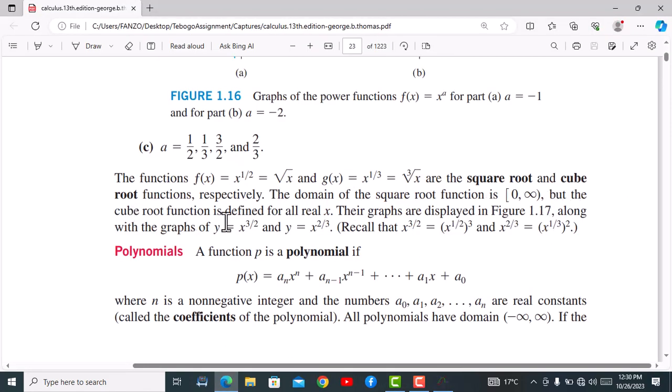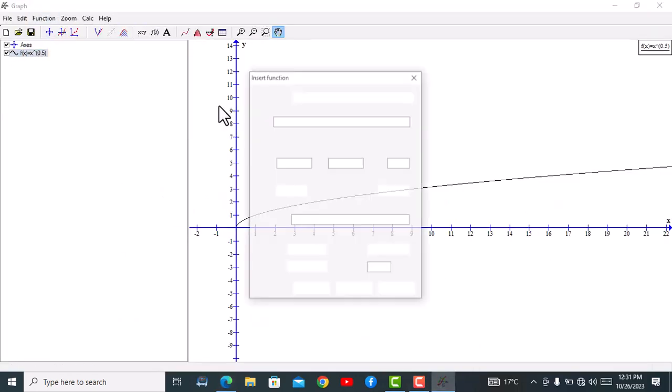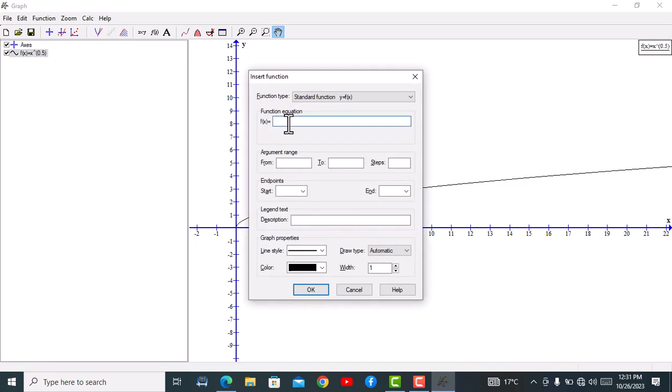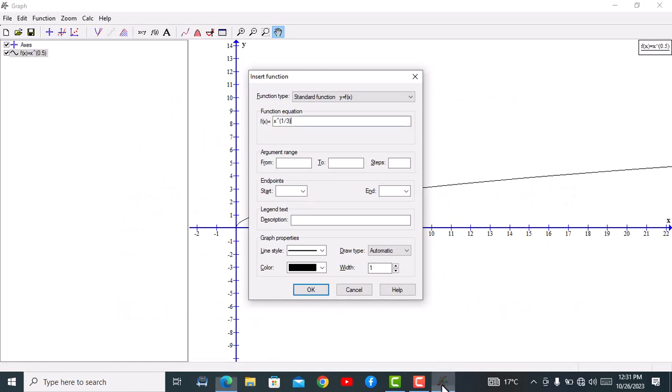But the cube root function is defined for all real values of x. Let us go and investigate that. So I'm going to draw another function here, y = x to the exponent of 1/3, because this is exactly what we were told there.